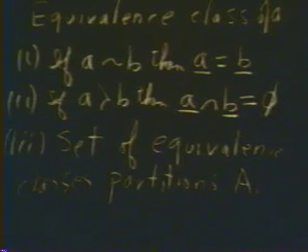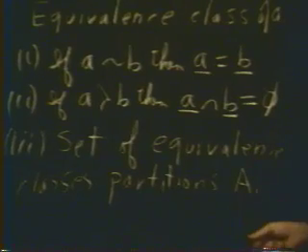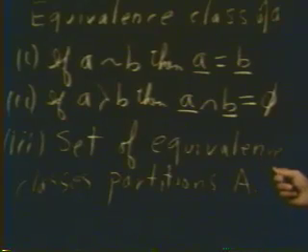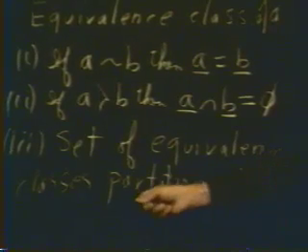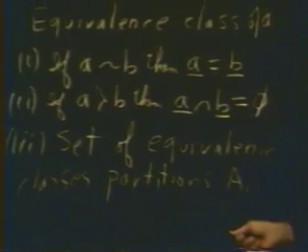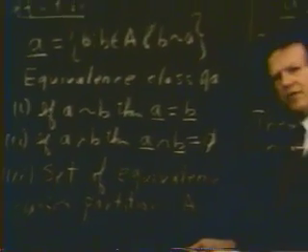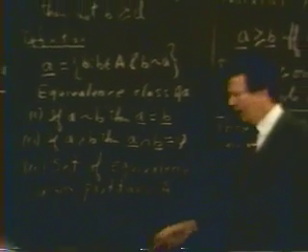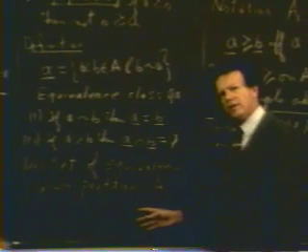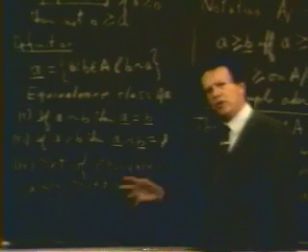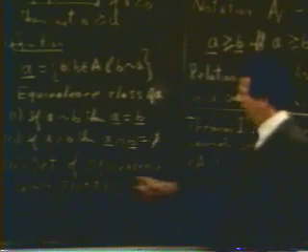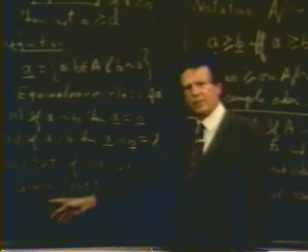that's an important one. If we consider all the equivalence classes, in other words, the set of equivalence classes of the given set A, then that set of equivalence classes partitions A. By partition we mean, of course, the familiar concept of dividing A into a collection of pairwise disjoint subsets whose union exhausts A. So we have a partition of A from this set of equivalence classes.